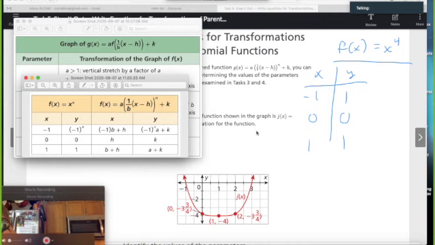So the not easy part is going to be this side. You'll notice as we go from top to bottom, it goes from left to right. So this is our first one, this is our second one, this is our third one. So let's try to figure some of those out.